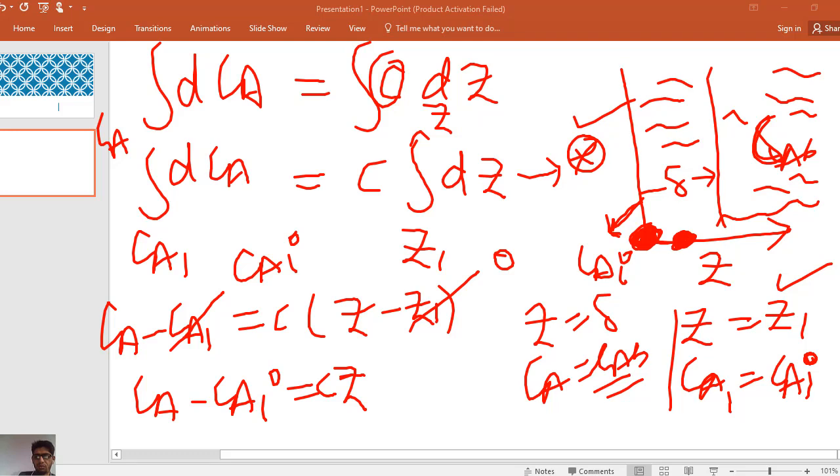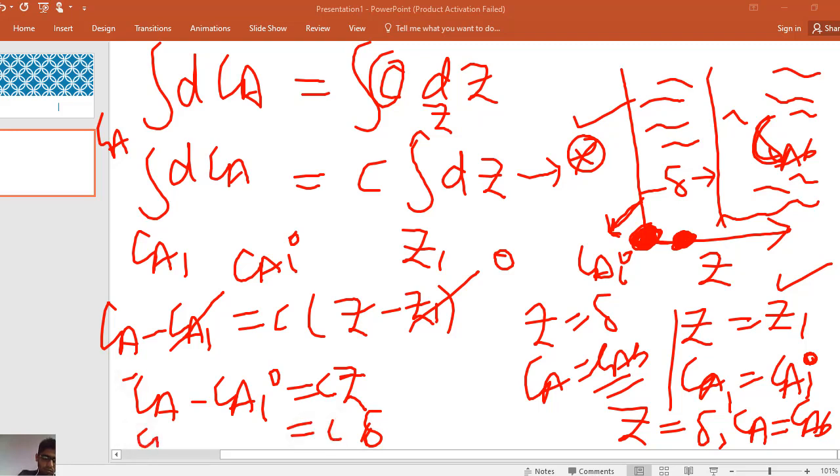This is the first boundary condition. Similarly, when Z is equal to sigma, then CA will be equal to CAB, and CAI is already given.